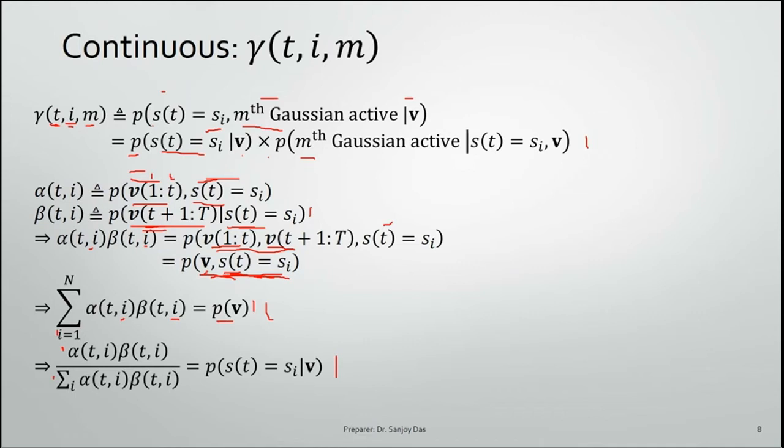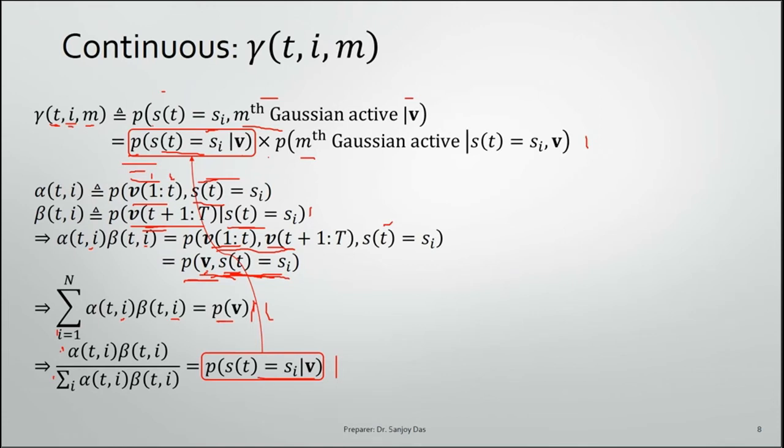Note the difference. This is the joint probability here. The alpha_t(i) beta_t(i) product is a joint probability, but when I divide it with this summation, I get the conditional probability. So the conditional probability P(s_t equals s_i) is given by alpha_t(i) beta_t(i) divided by the summation of alpha_t(i) beta_t(i). And that's the same thing as this factor in gamma_t(i, m).